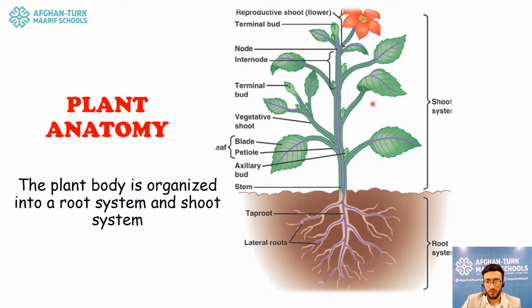At the auxiliary phases, it means on two sides of the plant, you can find different types of structures like the flowers, and also the leaves, where you can find the blade, which is attached with a petiole. Also, you can find terminal buds, and the stem itself possesses these structures.